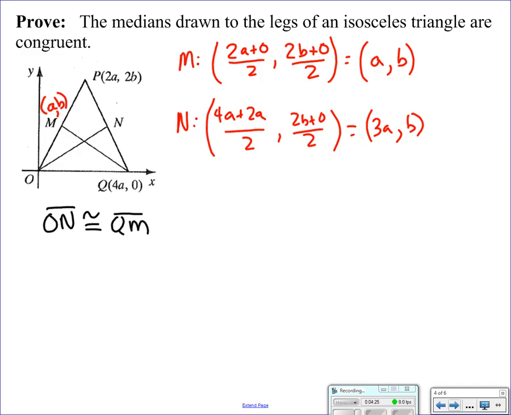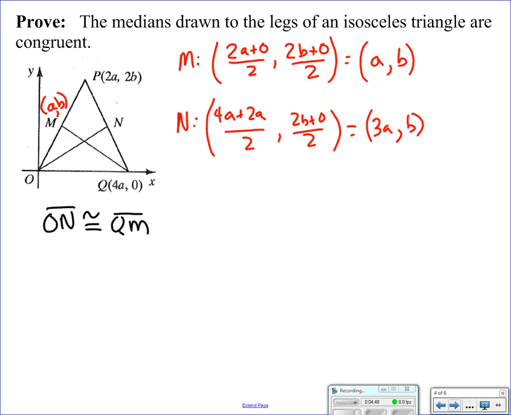They didn't make Q just A and P just A and B. They chose to make it multiples of A and B so that when I found the midpoint M, they weren't fractions. Because if I made P just points A and B, M would have been 1/2 A and 1/2 B. And that's going to get a little bit more challenging for us to work with.